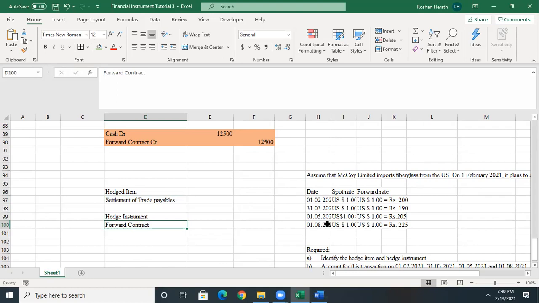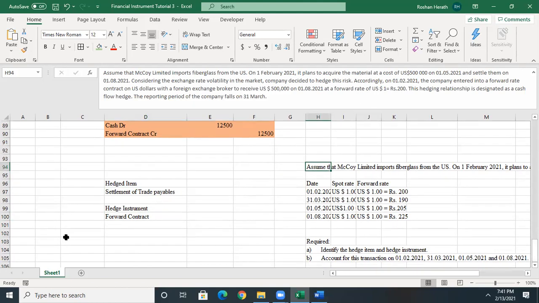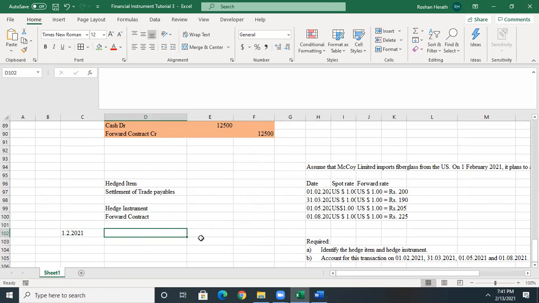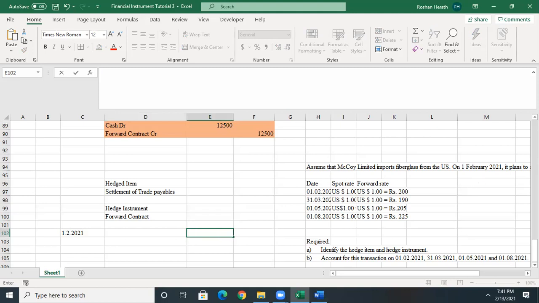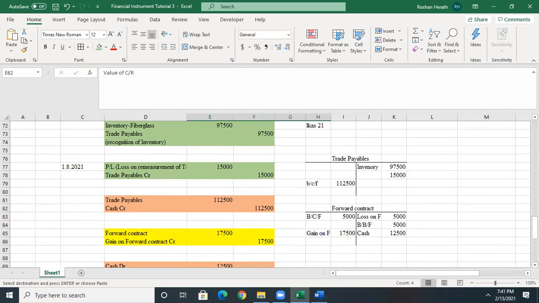Now it's about accounting for the hedge item and hedge instrument. Hedge instrument: you can see that you enter into this particular forward rate contract on 1st of February. As we learned earlier, contractual rights equal contractual obligation. So I can simply take the value of the contractual right and the value of the contractual obligation.